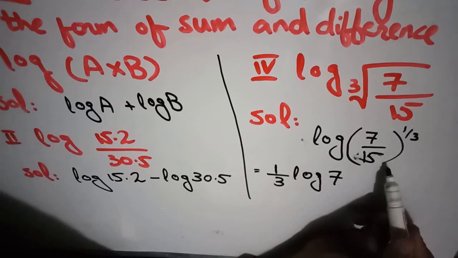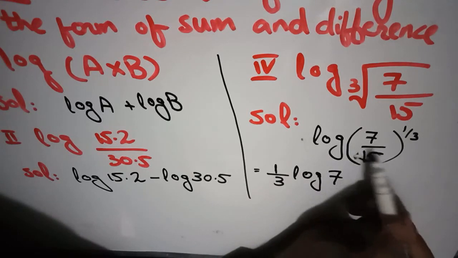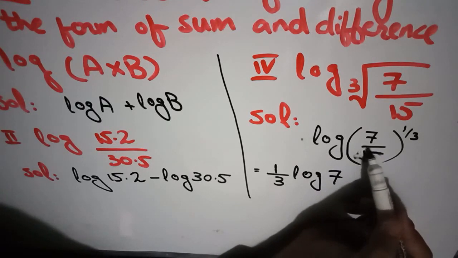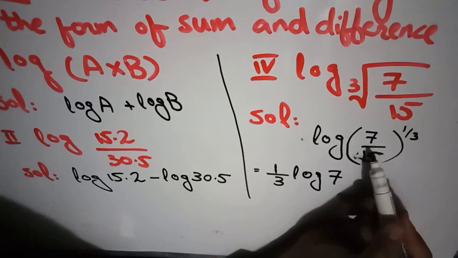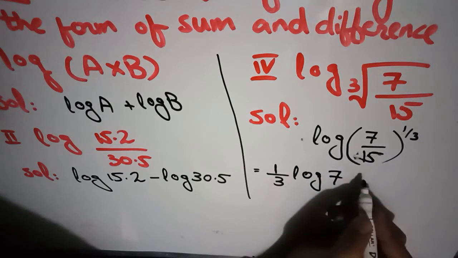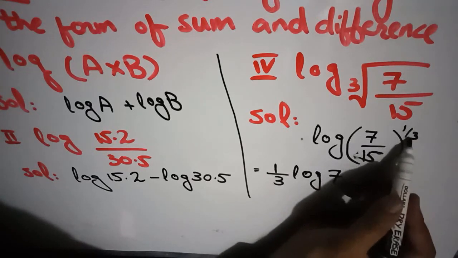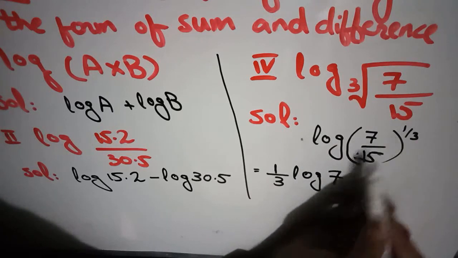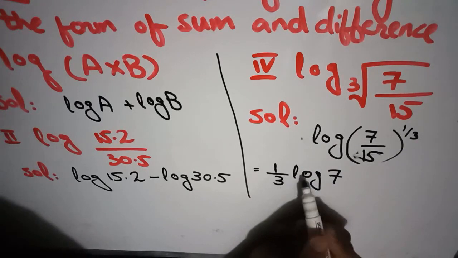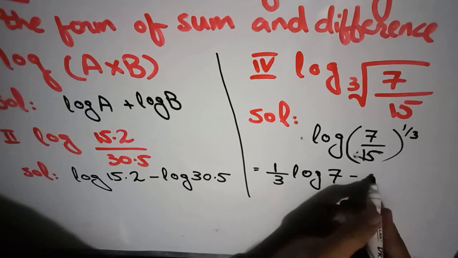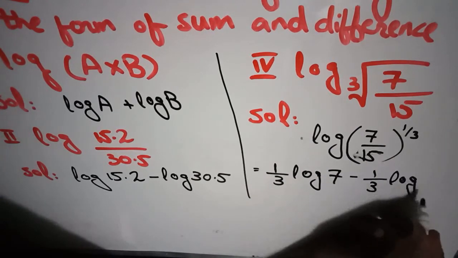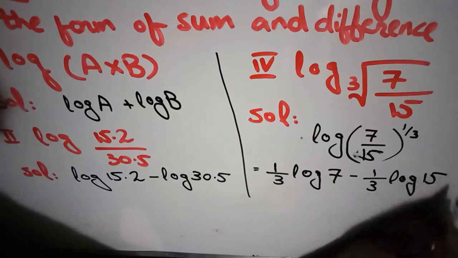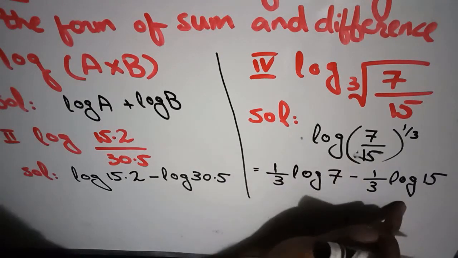Because here is the difference sign, the division sign, you can change it into the difference sign as you solved your previous question. Similarly, this is the power of the whole expression, so you write it before the log: 1 over 3 log 7 minus 1 over 3 log of 15. Okay, you can write it like this.